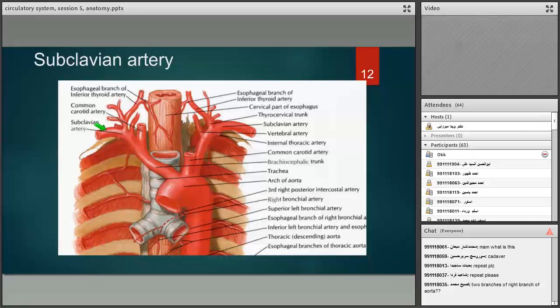If you mean the right subclavian and right common carotid arteries, I have to say yes, these two branches are deriving from the brachiocephalic trunk, and the brachiocephalic trunk is one of the aortic arch branches, the right branch of the arch of the aorta. Okay.